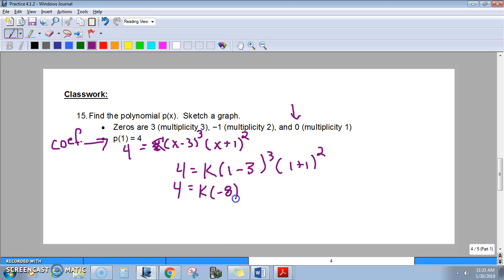I think I'm doing this in my head, please check me. 2 squared is going to be 4, so negative 32.